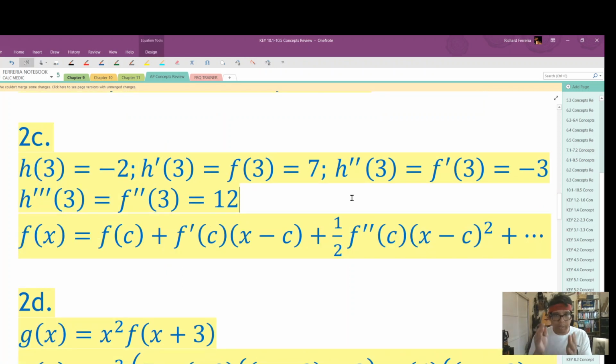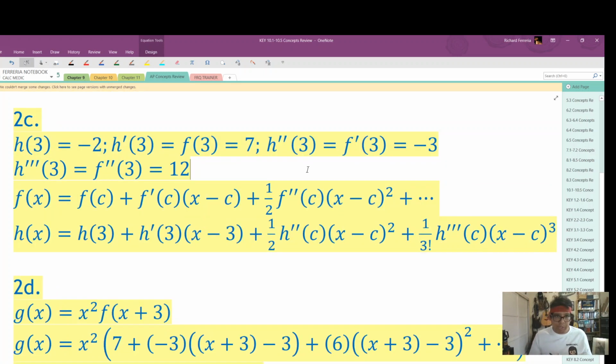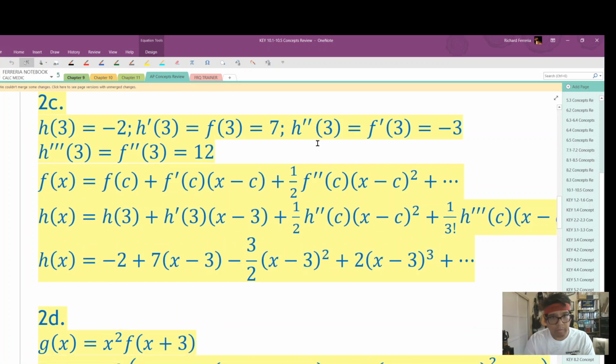So let's put up the general form for any Taylor polynomial first, and then we're going to start substituting things. Here we've substituted c was 3, and we've changed all of our f's into h's. And then lastly, we're going to substitute all of our h's.